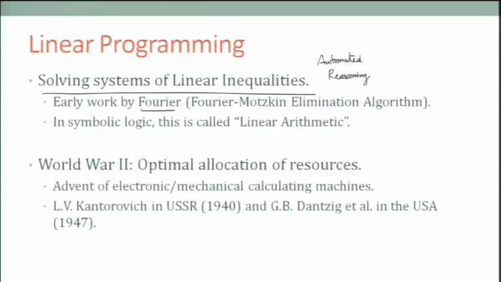There was very early work by Fourier, and we know some of that work today through a technique called the Fourier-Motzkin elimination algorithm for solving systems of linear inequalities. In symbolic logic, this is called linear arithmetic. Obviously, the Fourier-Motzkin algorithm is not very practical. Often it's exponential time in practice, but it was a very early example of people's attempt to solve this problem.